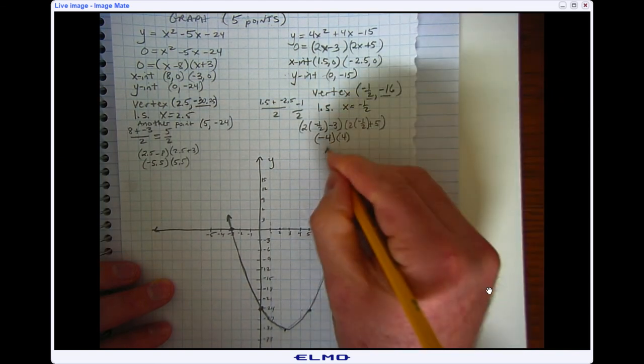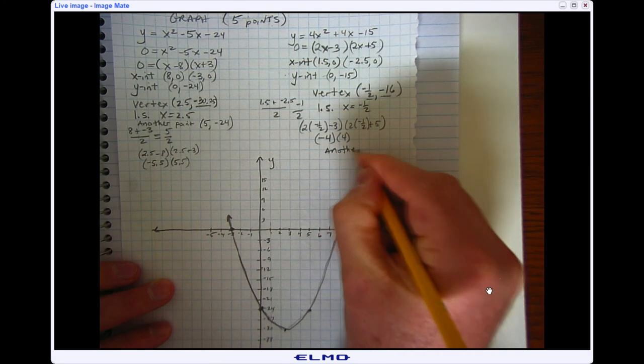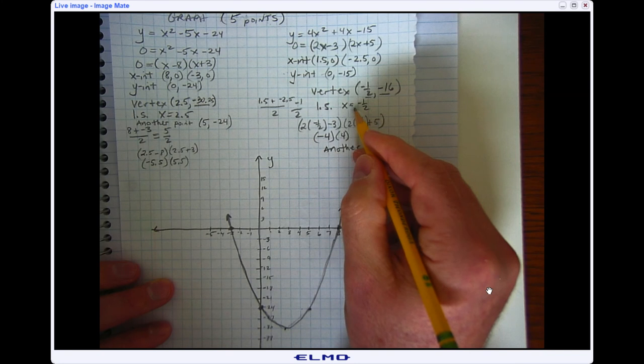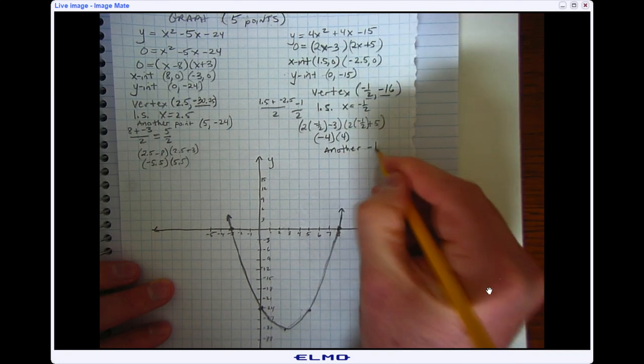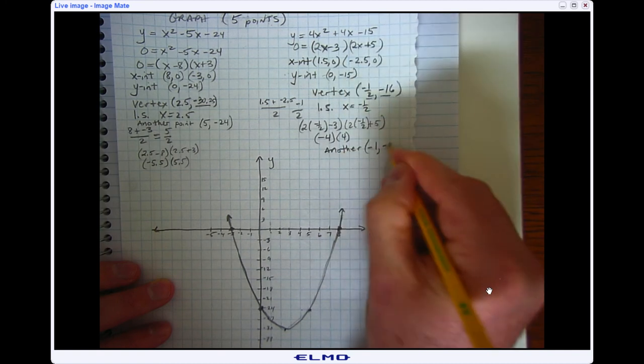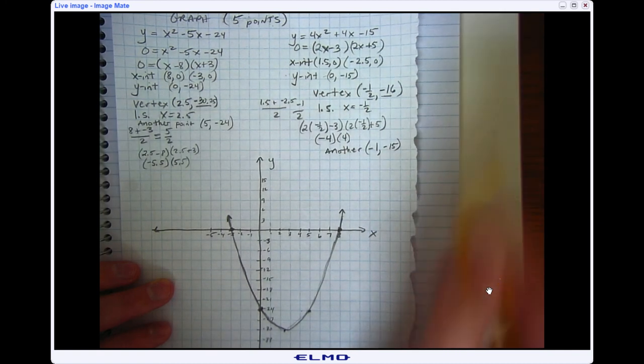To get another point, I take my line of symmetry at negative half, go another negative half, and I would be at negative 1. I'm using my y-intercept, so if my y-intercept is negative 15, I'm reflecting that. You'll see that when I graph these 5 points.